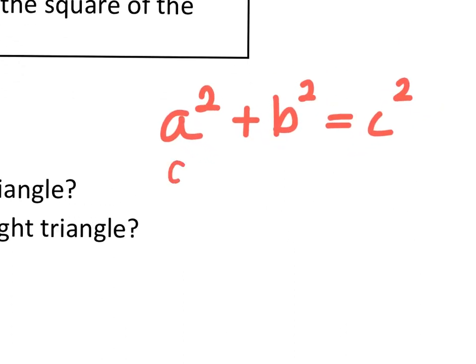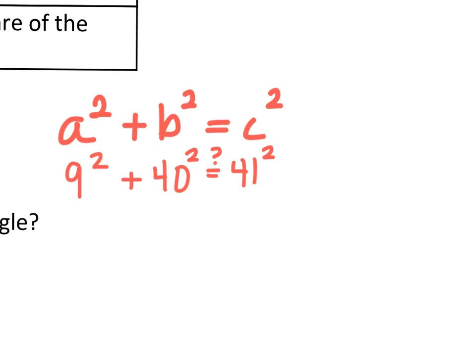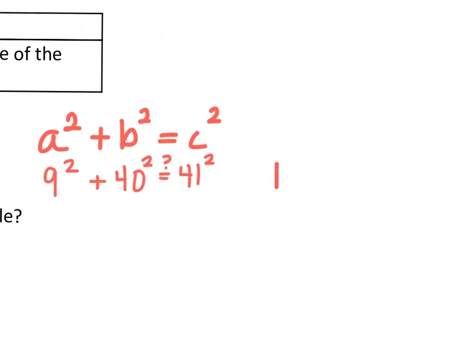Does 9 squared plus 40 squared equal 41 squared? So we put a little question mark there. On the left side, 9 squared is 81, and 40 squared is 1600, so that's 1681. And 41 squared is also equal to 1681. So this one does check. That will form a right triangle.